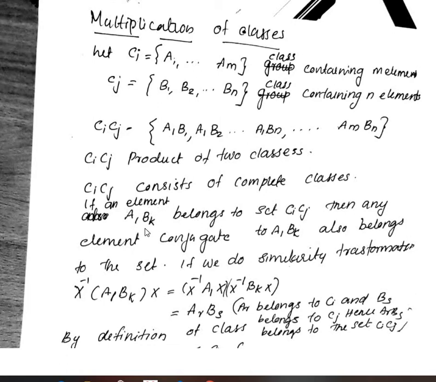If an element AlBk belongs to the set CiCj, then any element conjugate to AlBk also belongs to the set.